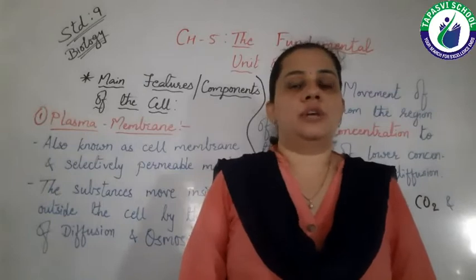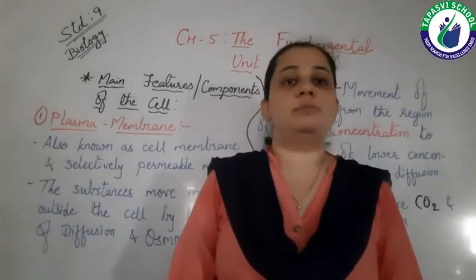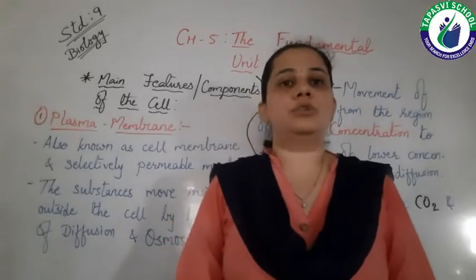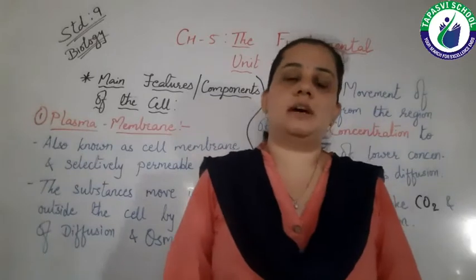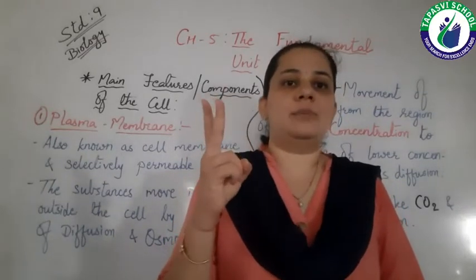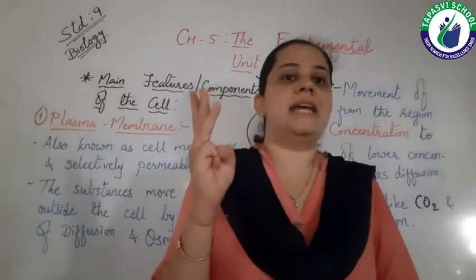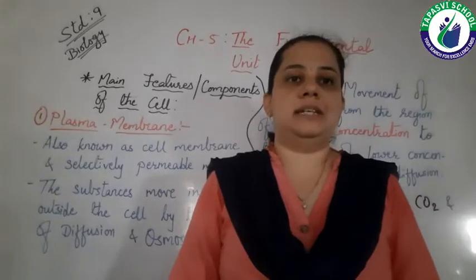So today we are going to study about cell organelles, but before it we have to study the main three components which we discussed in our first lecture: the nucleus, the cell membrane or plasma membrane, and the cytoplasm. These three we have to study.